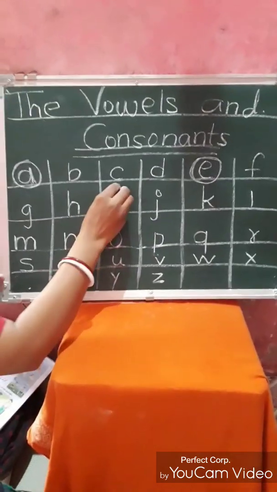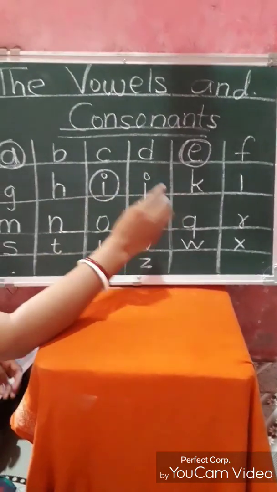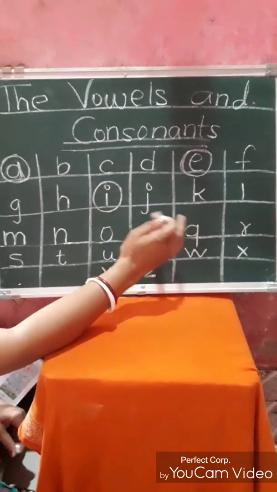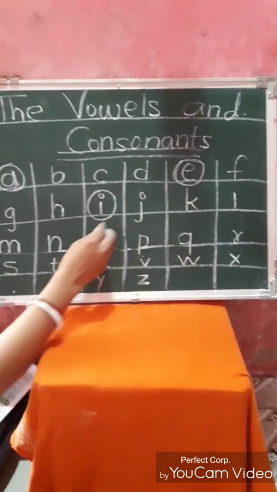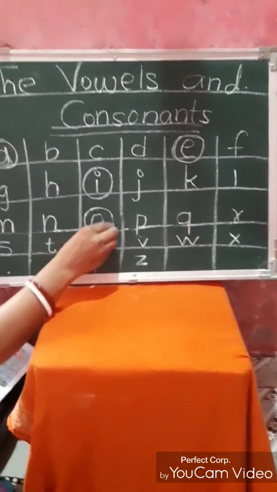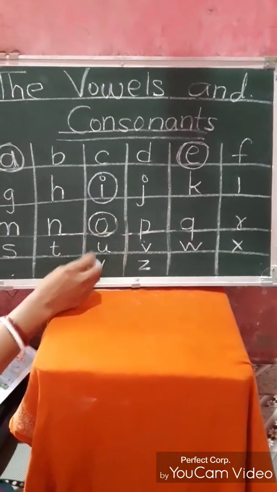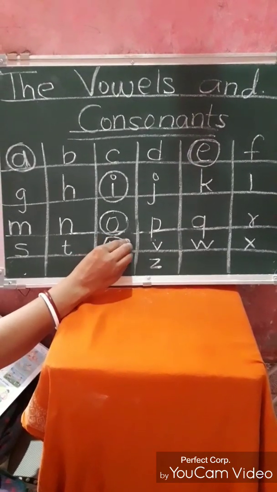E after I is the third letter of the vowels. I after O is the fourth letter of the vowels, and O after U is the fifth letter of the vowels.